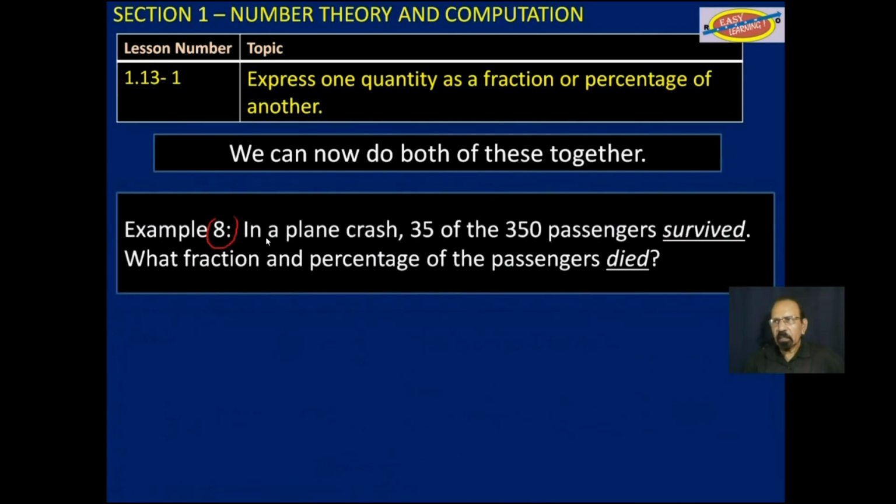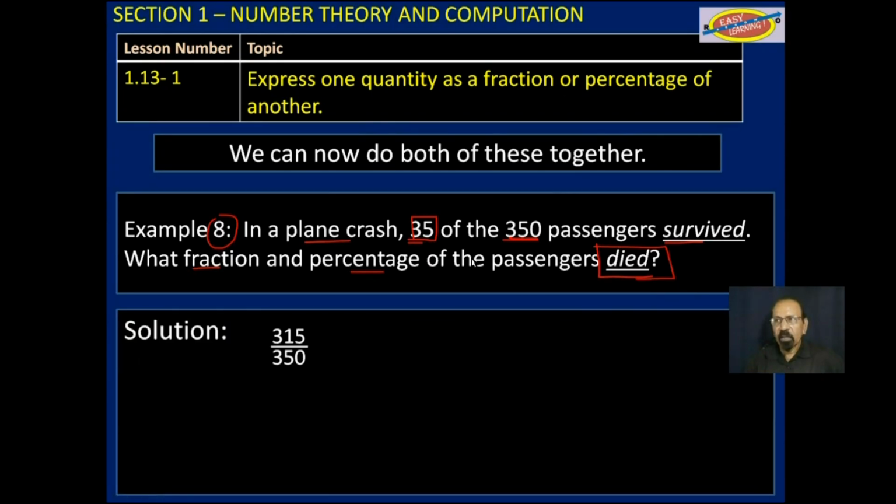Question 8. In a plane crash, 35 of 350 passengers survived. What fraction and percentage of the passengers died? The question is not asking about the survivors, it's asking about those who died. So if 35 survived, we will subtract that 35 from 350 to find the number of persons that died, which works out to be 315, and it is out of 350 total passengers, and that reduces to 9/10.